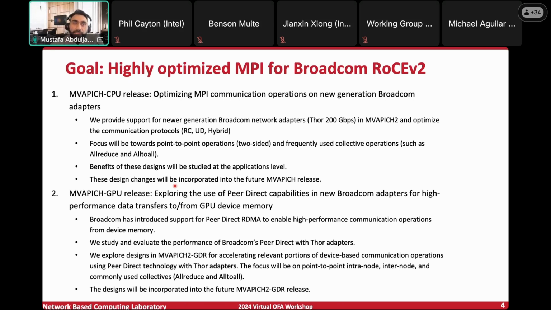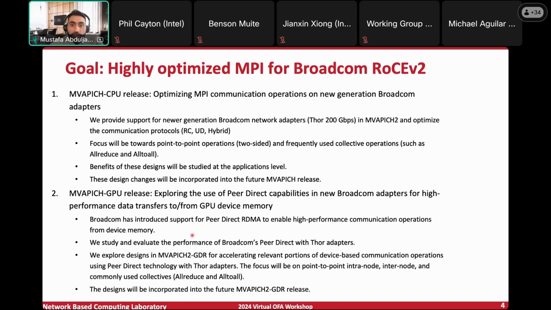The same thing has been applied to the GPU-enabled MPI with our MVAPICH-GDR release series. These also incorporate support for the peer direct capabilities that are available in the new Broadcom adapters.